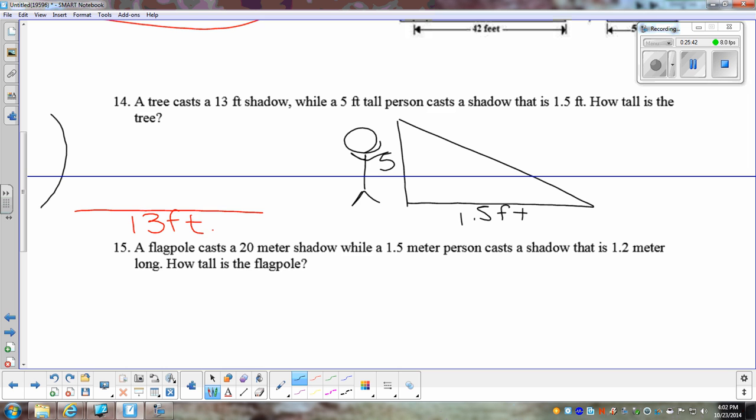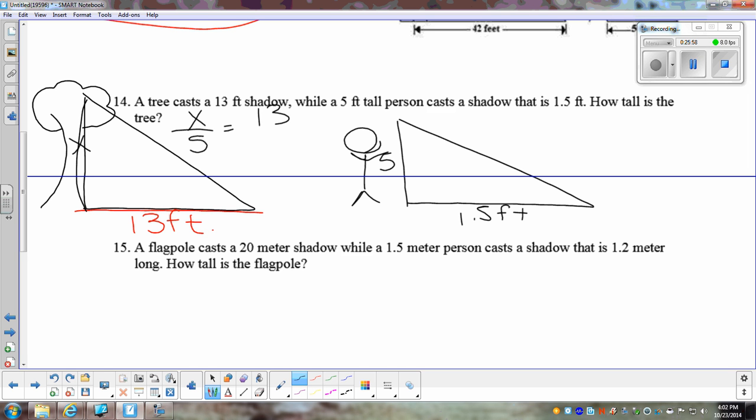And here's my tree. I want to figure out what is the height of the tree. Well, I know these are similar. So I have the height of the tree over the height of the person equals the length of the shadow over the length of the shadow. Cross multiply.